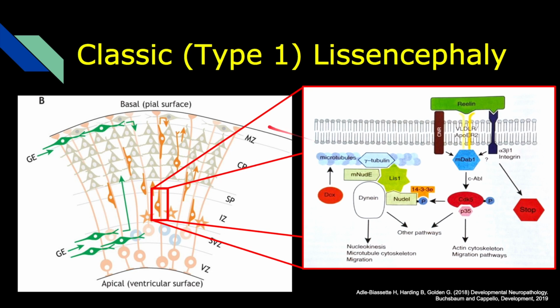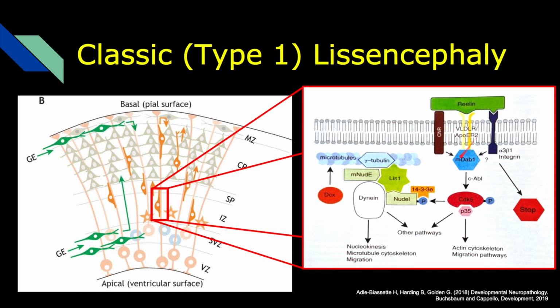Now, interestingly, there's this other machinery, as we talked about, called the VLDLR receptor, the very low density lipoprotein receptor, which is really the receptor that binds reelin and tells the cell to stop migrating when it reaches the top here at the Cajal-Retzius cells in the marginal zone.